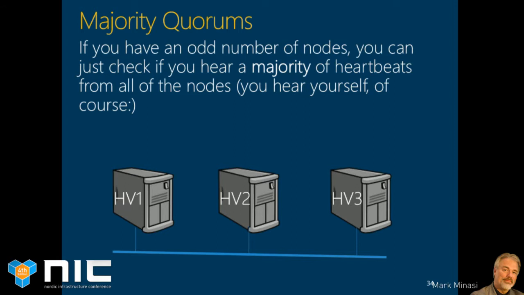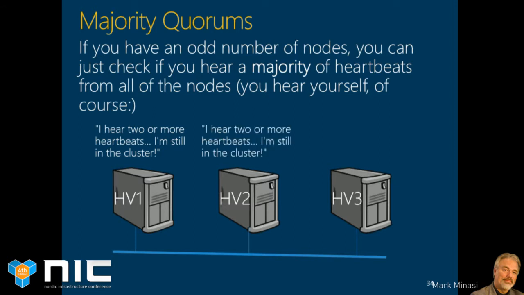If everything's fine, HV1 hears its own heartbeat, here's HV2, HV3. HV1 says, okay, I hear 3 out of 3, cool. HV2 says, I hear my own heartbeat, I hear the other 2 guys, I'm cool. HV3 says, I hear my own heartbeat, I hear everybody else's, everything's cool. That's the way things are supposed to work.